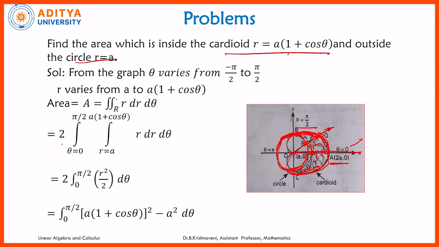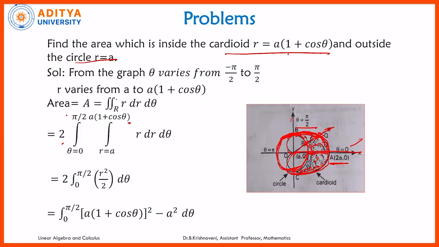So first of all, the area in polar form is A is equal to double integral r dr d theta. Now the r limits are r is equal to a to a into 1 plus cos theta, and to find the upper part, theta limits are from 0 to pi by 2.